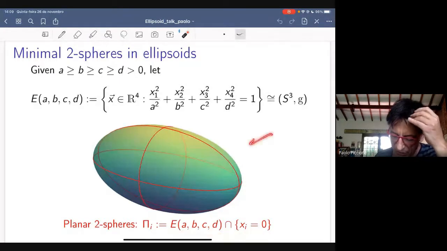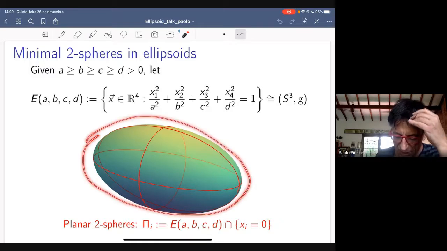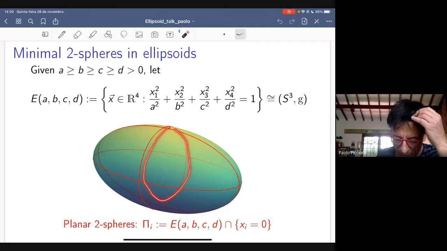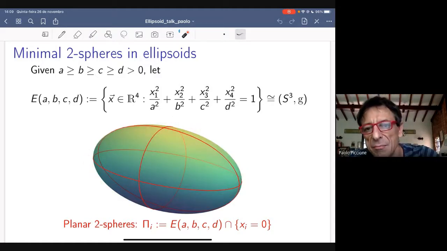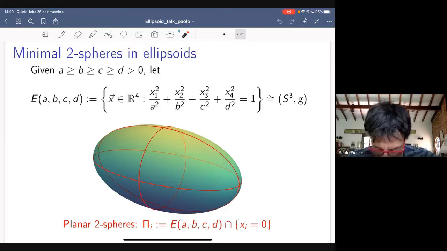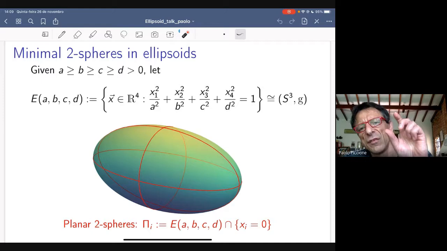So of course this picture is in 1 dimension less than it should be, right? But just to give you an idea, this would be the 3-dimensional ellipsoid, and these are the, well, 4 planar 2 spheres, okay, obtained by taking intersection with these planes. Why are they minimal? Because they are in fact totally geodesic, because they are fixed points of isometries of the ellipsoid.